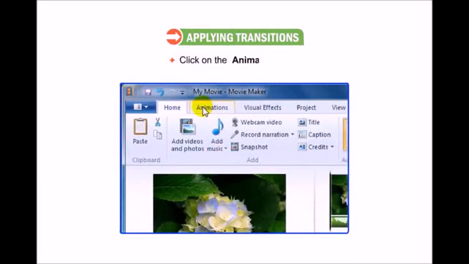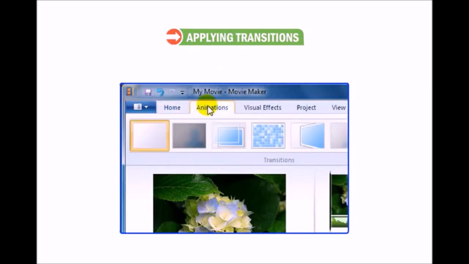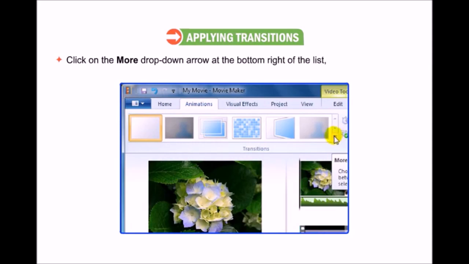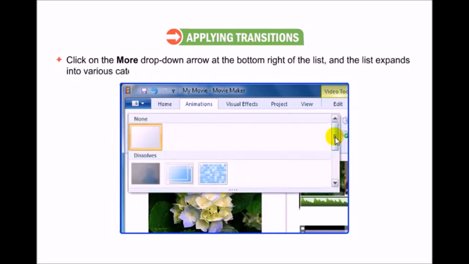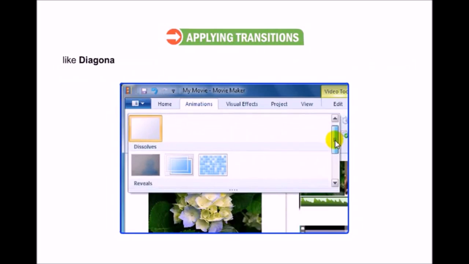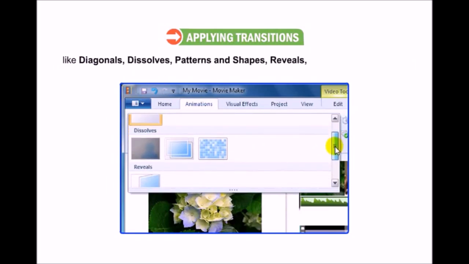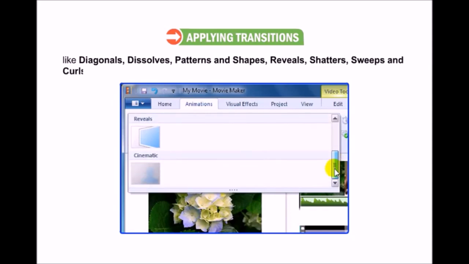Click on the Animation tab. The list of transitions will be displayed in the Transitions group. Click on the More drop-down arrow at the bottom right of the list, and the list expands into various categories like diagonals, dissolves, patterns and shapes, reveals, shatters, sweeps and curls, wipes, cinematic and contemporary.